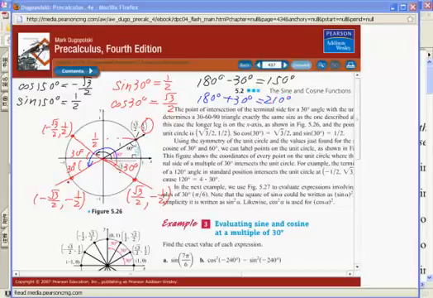Now from here, we know we have the cosine of 210 degrees equal to negative √3/2, right? And then the sine of 210 degrees equal to negative 1/2, right?